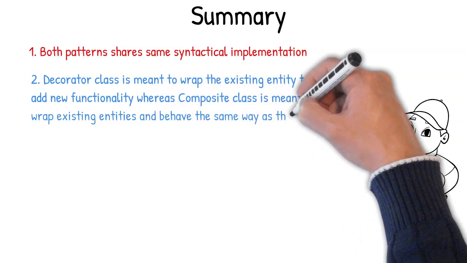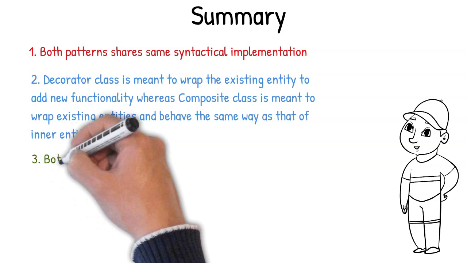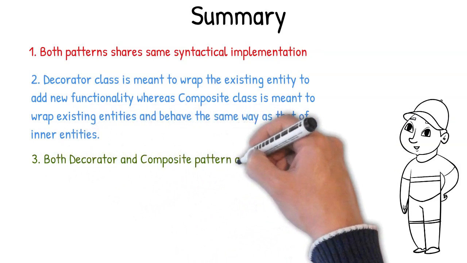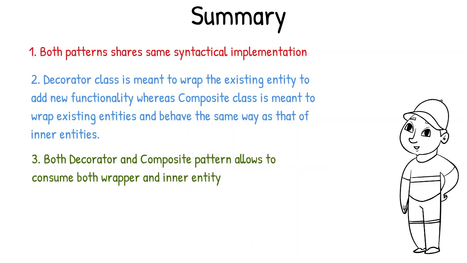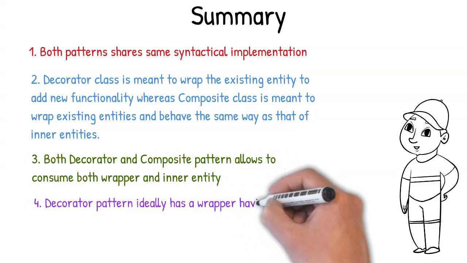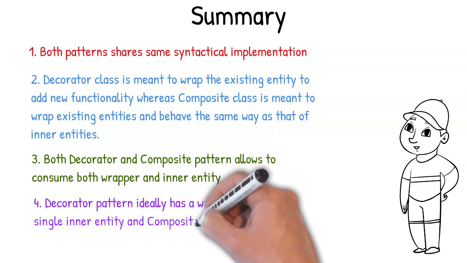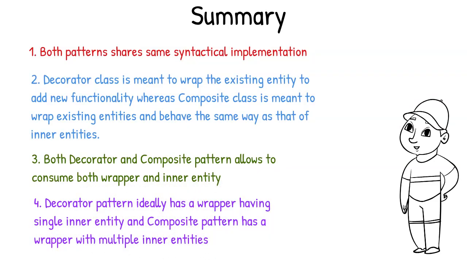Whereas composite pattern is meant to wrap multiple set of entities and make that wrapper behave the same way as that of the inner entities. As a third point, both decorator and composite pattern allow to consume wrapper as well as inner entity. And the last one, decorator has a wrapper having a single inner entity, whereas composite pattern can have a wrapper having multiple set of entities forming a tree structure.